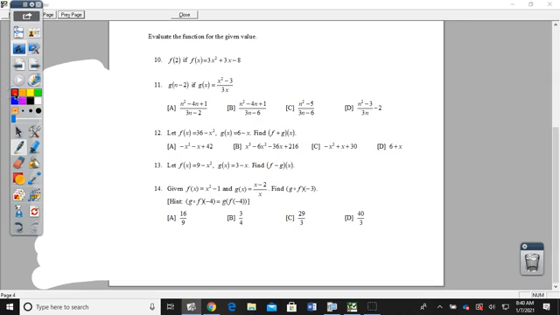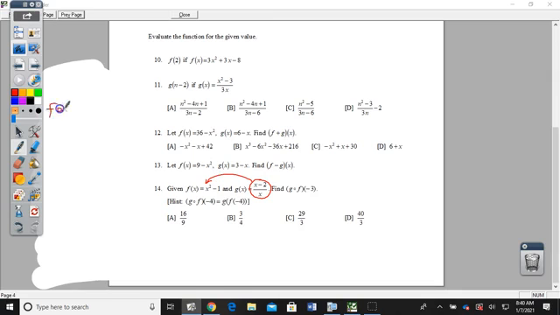Now, that was plugging that one into one function and then that answer into another function. You could have also done it like this. Figure out what f of g is first. That means you're plugging this in for x there. I'm not going to do it this way, but I'm going to show you why.